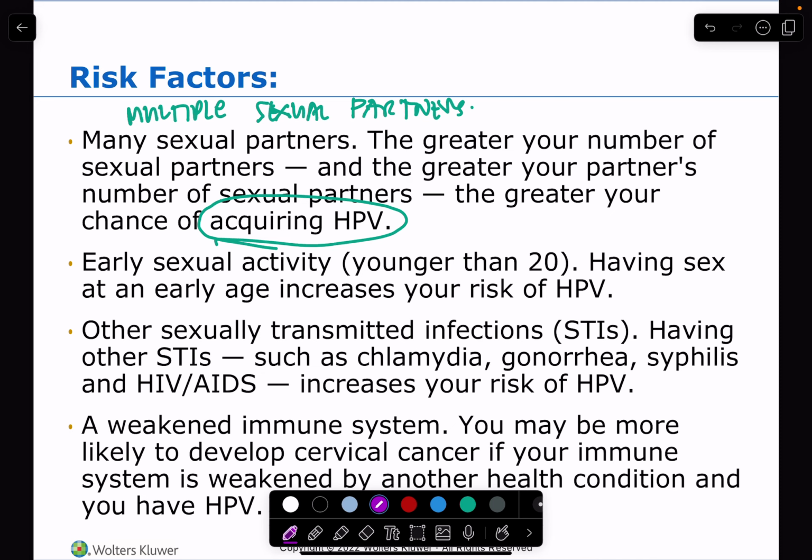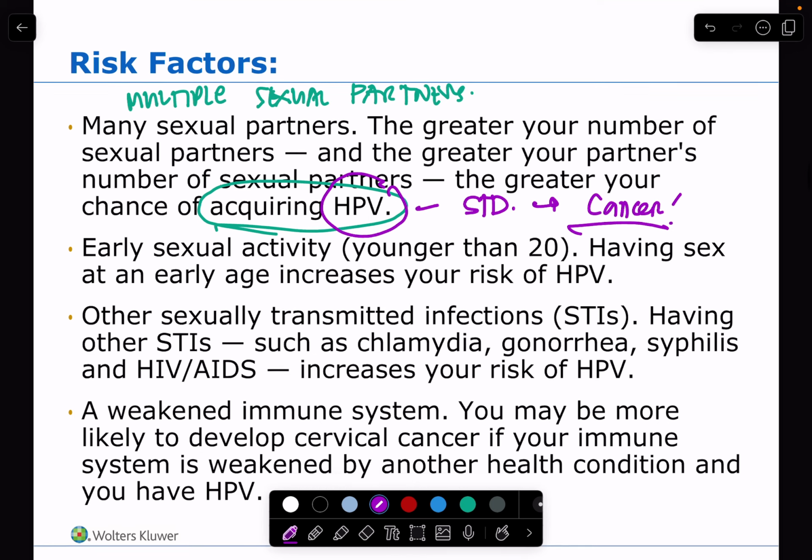Take note that human papilloma virus is a sexually transmitted disease that causes cancer. So the more sexual partners, the higher the chances of acquiring an STD, and the higher the chances that you will get this type of cancer as well.